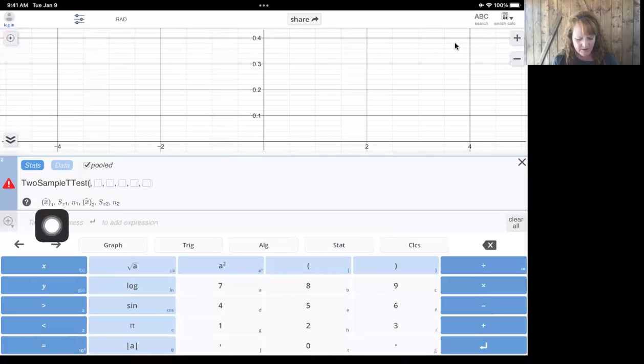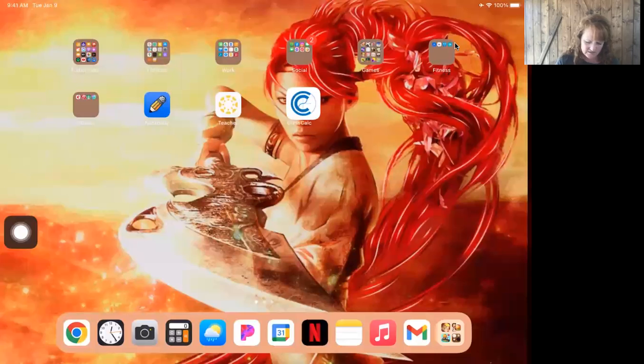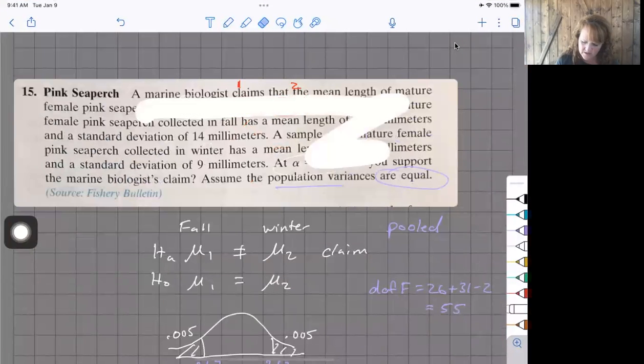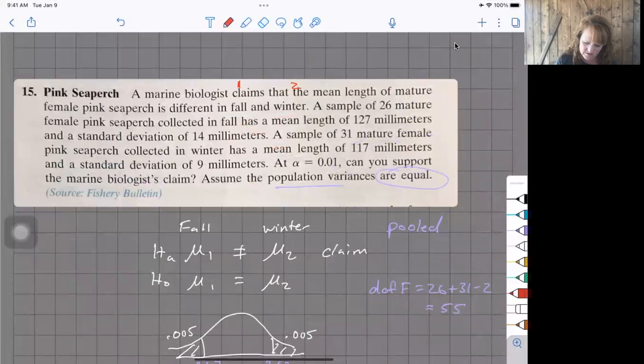I need my sample mean, standard deviation, and sample size for the first one. So mean, standard deviation, size. Sample standard deviation of 14 and size of 26. So 127, 14, 26.